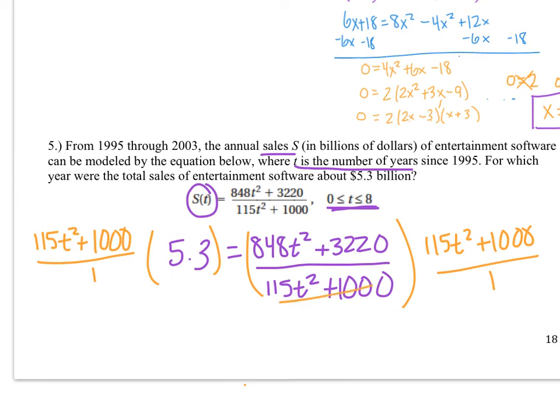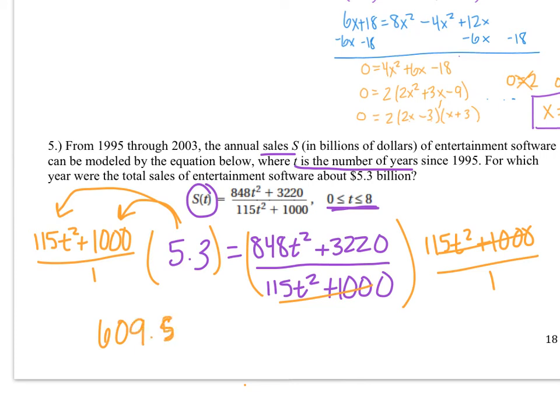So that will cancel each other out. And over here on the right, we're going to distribute that 5.3 times both of those values. So 5.3 times 115 looks like it's going to be 609.5.